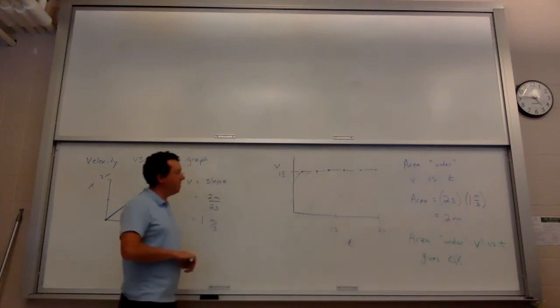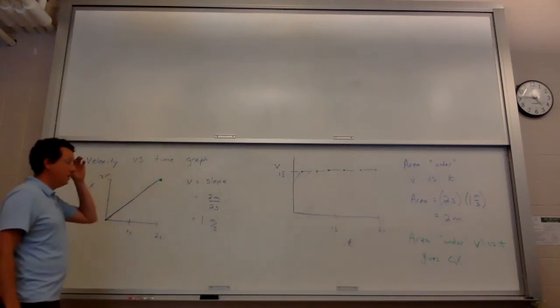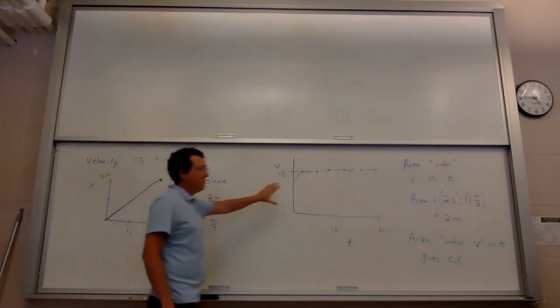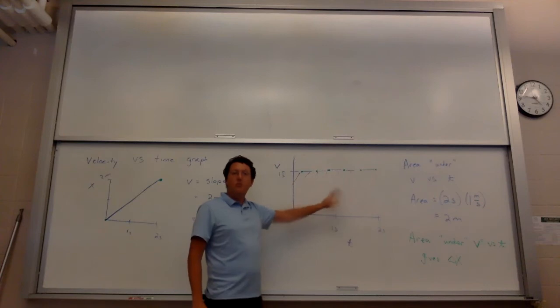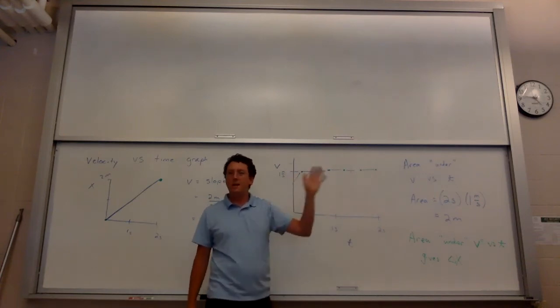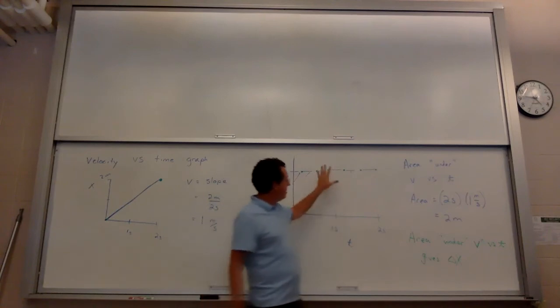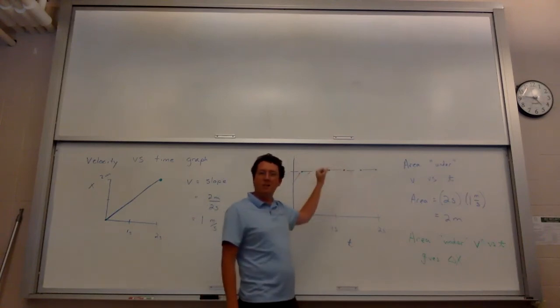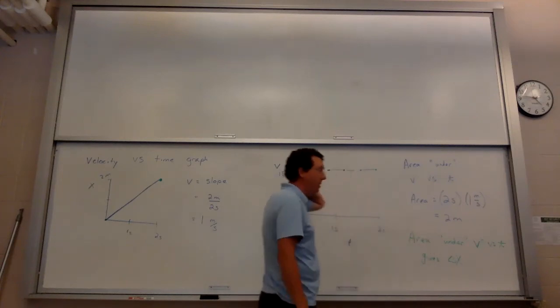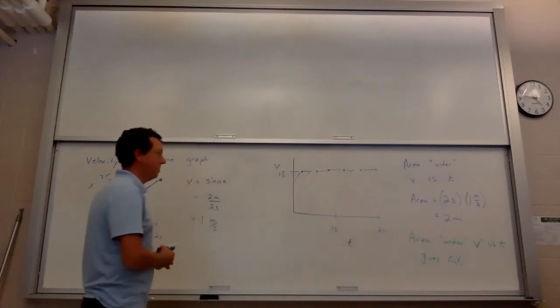The area under the velocity versus time graph gives the change in position. And I drew this for a nice simple rectangle. It's going to be true always, even when you have weird bendy shapes. The math and the equations can get a little complicated, but the geometric property remains true. So that's a really important thing for us to remember.